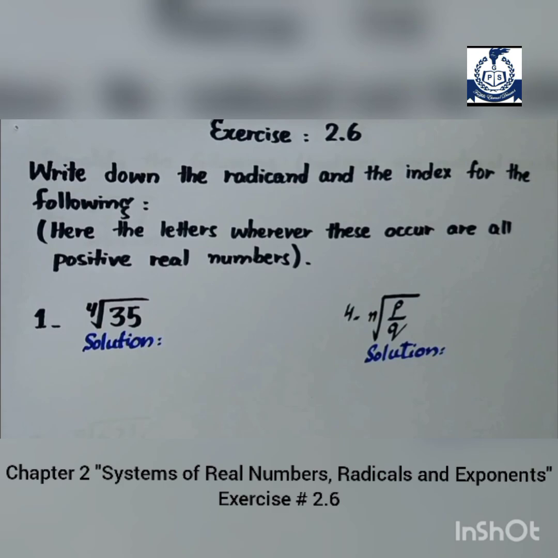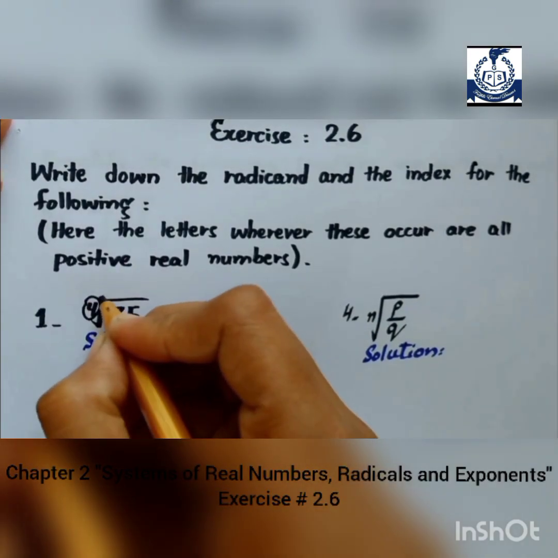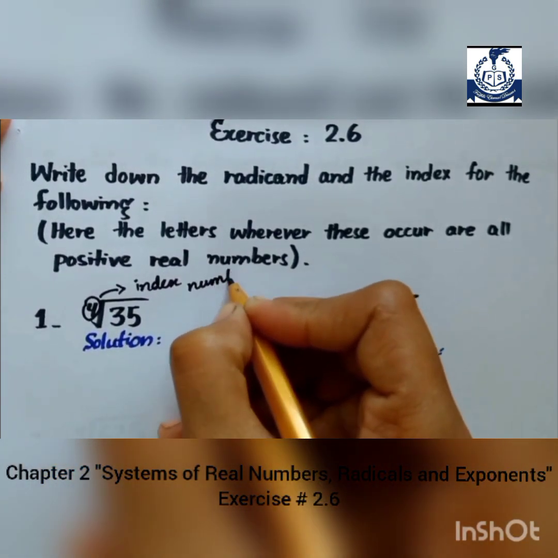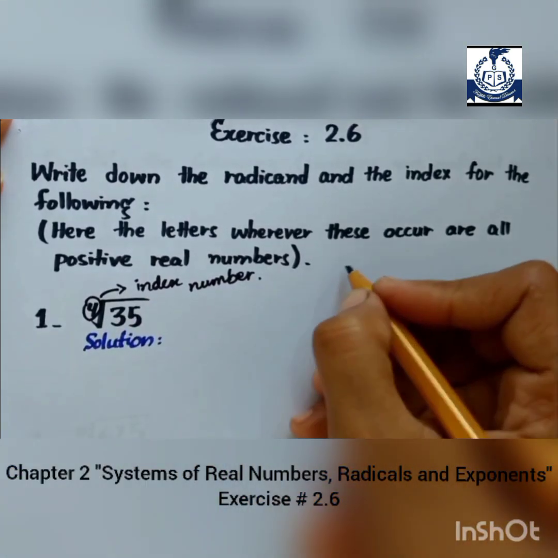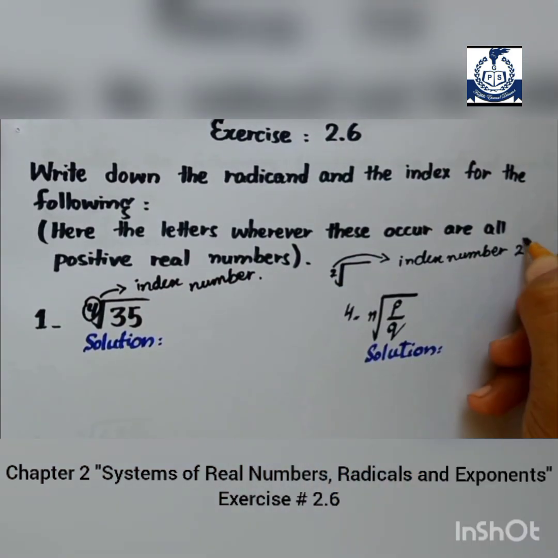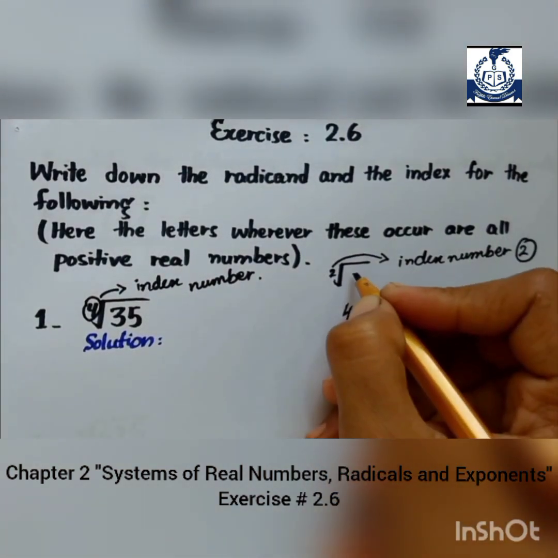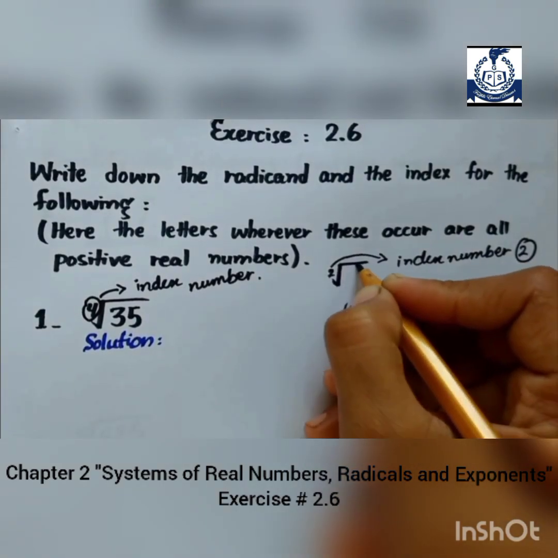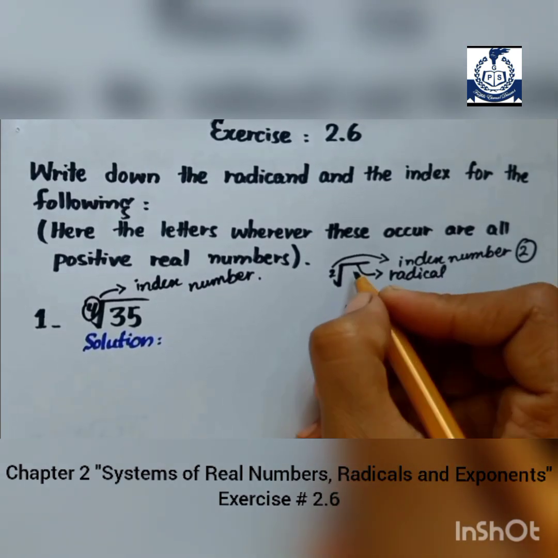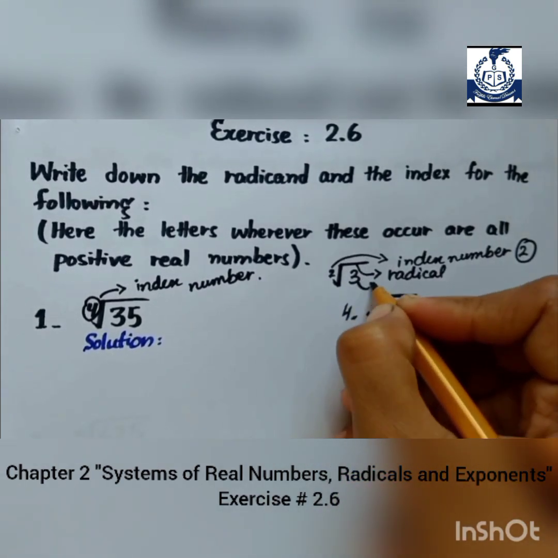The radicand is the value which is written under the root. This is the radicand, and the index is the power which is outside the root. This is the index. Question number 1, fourth root of 35. So 4 is the index because this is the power which is outside the root. Here I explain, here I write 2. This is the index number. The sign under the root is called the radical, and the value which is written under the root is the radicand.